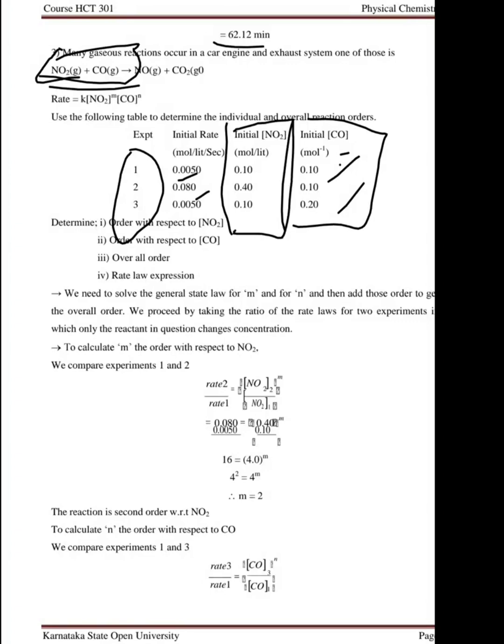So these are the questions they asked. We should identify the order with respect to nitrogen dioxide, and also with respect to CO. Both orders you are going to identify, and the overall order is nothing but the individual orders you identify added together, so that you get the total order of that reaction.